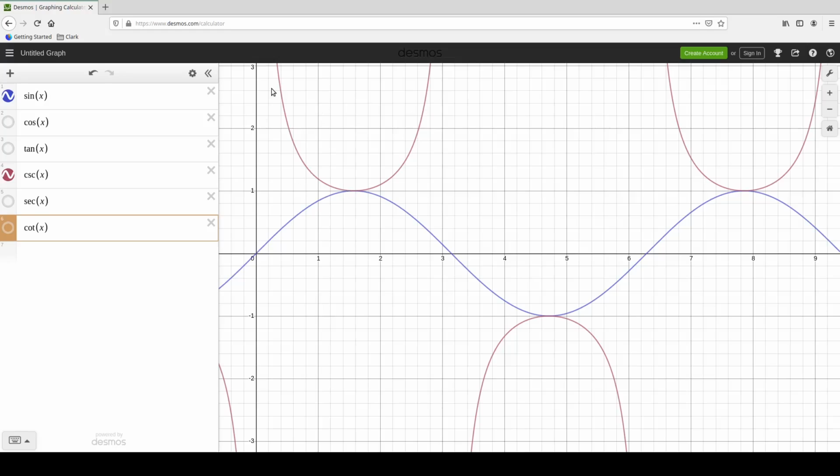And this purple curve is 1 over sine of x, or cosecant of x. You can see very clearly that this is behaving exactly how sine behaves. When sine equals 0 at 2 pi, there's an asymptote of the cosecant function because you're trying to do 1 over 0. Same thing when sine is 0 elsewhere, there's another asymptote of the cosecant function.